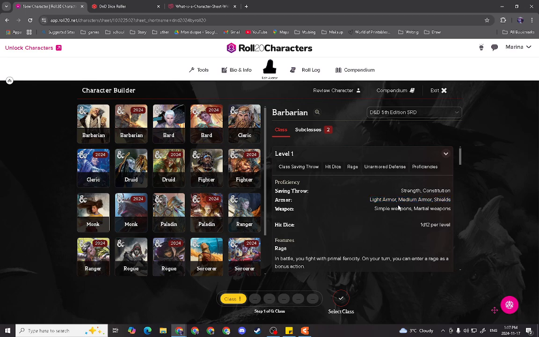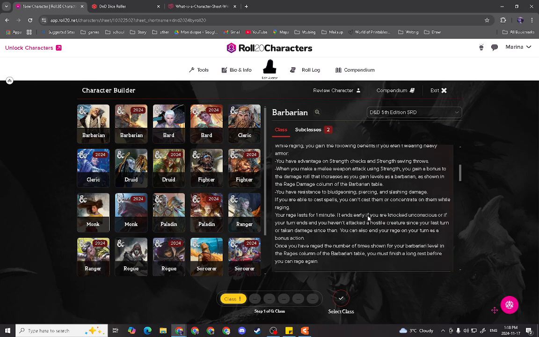Yeah. So you also have proficiency in simple and martial weapons. Simple usually means one-handed. And you get 1d12 per level for hit dice. So this means that most of your damage will be with the d12, the 12-sided die.